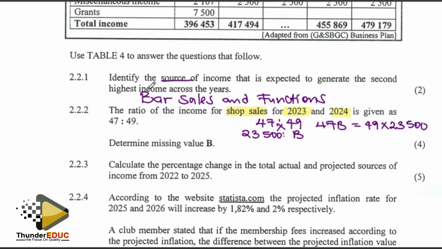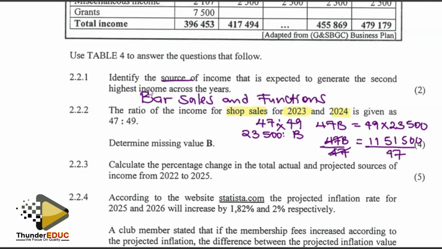Because you're looking for the value of B, when you multiply 49 times 23,500, you end up having 1,151,500. So 47B equals that. We divide through by 47.